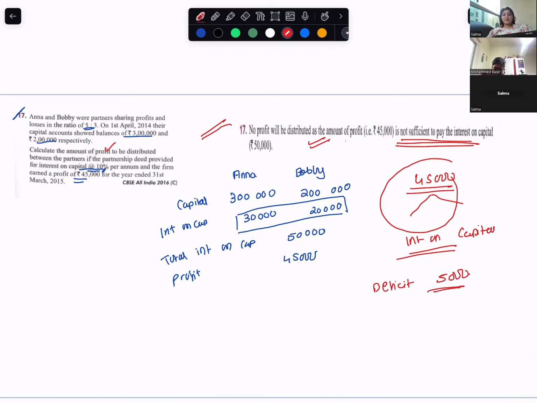So tell me, is there any profit that would be left after providing interest on capital? Profit is 45,000 and interest on capital is 50,000.